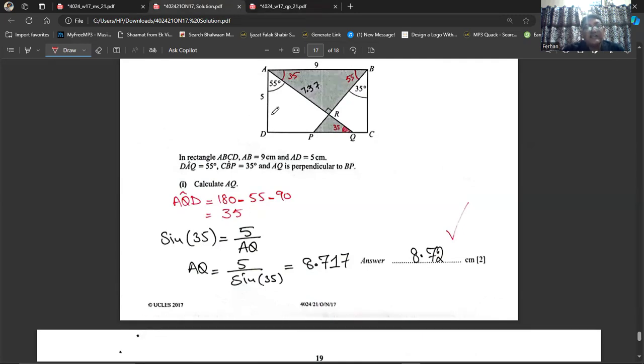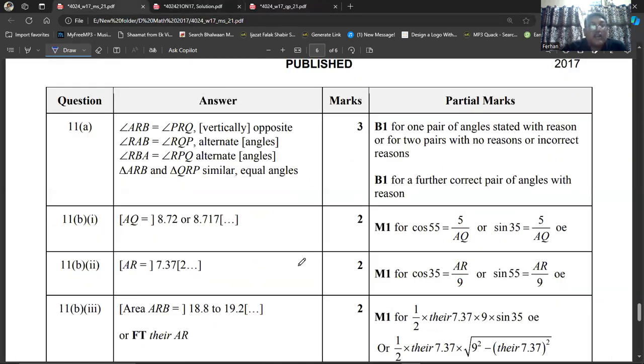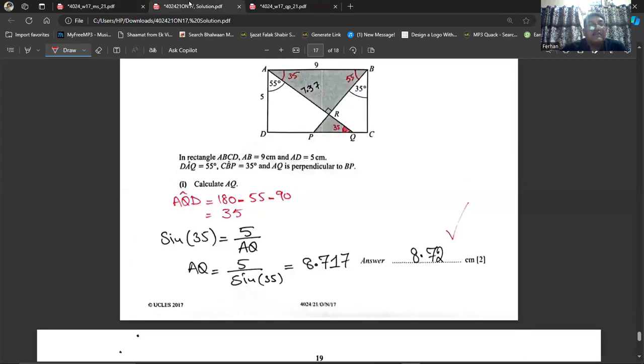So I know this angle, this side is the perpendicular, and AQ is the hypotenuse. So sine of 35 equals perpendicular by hypotenuse, so it will be 5 divided by AQ. So AQ will be 5 divided by sine 35, which is 8.717. So it is 8.72 centimeters. 8.72 centimeters is the right answer, sir.